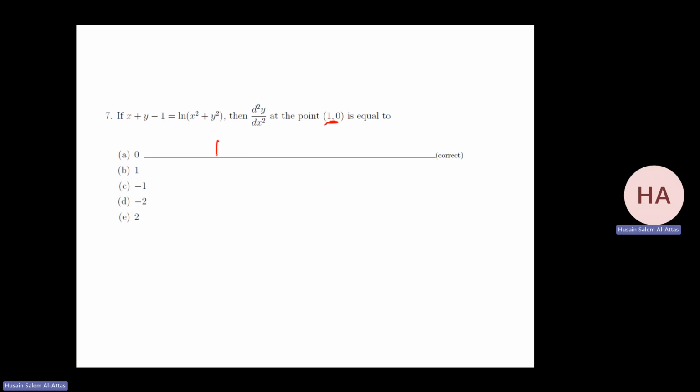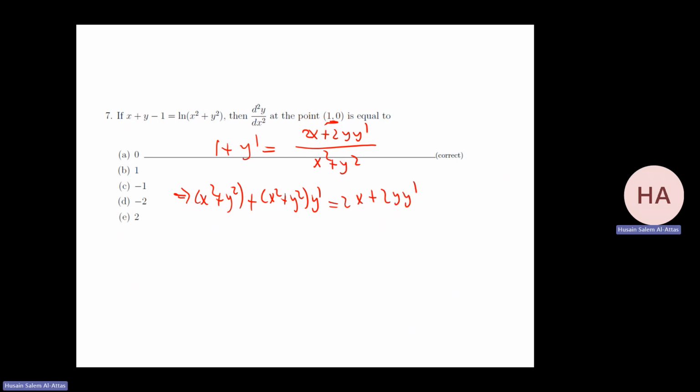Okay, so I have 1 plus y' equal ln of x squared plus y squared, so I have 1 plus y' equal to derivative of the numerator, 2x plus 2y y', over x squared plus y squared. Now solve for y'. So I have x squared plus y squared plus (x squared plus y squared) y' equal to 2x plus 2y y'.